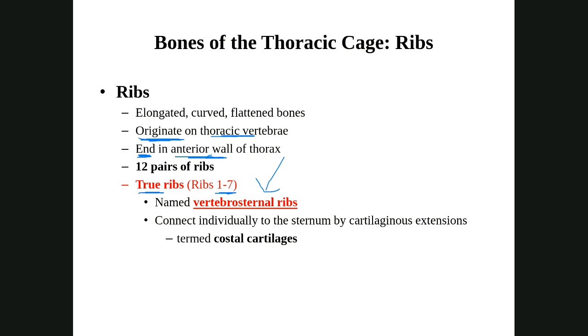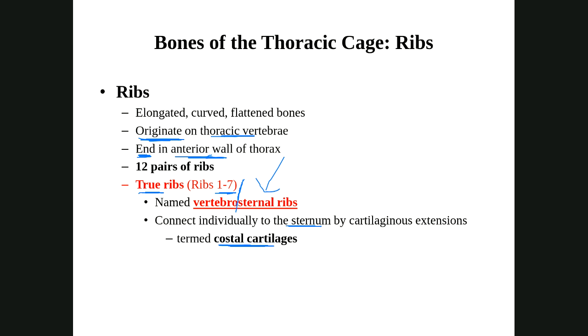Vertebral means all the ribs originate on the spine. But this tells you that these ribs will directly attach onto the sternum, or their cartilage will, I should say. So the ribs will attach onto the costal cartilage, and then the costal cartilage is going to attach directly to the sternum. So it's ribs 1 through 7. Those are your true ribs, or your vertebral sternal ribs.